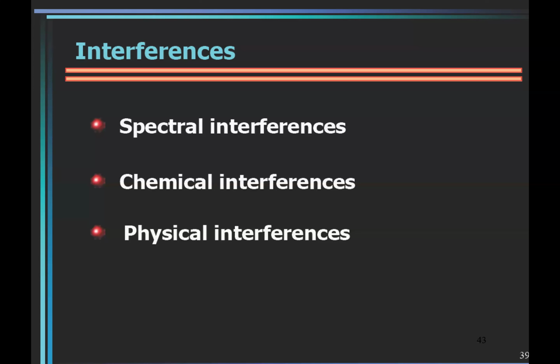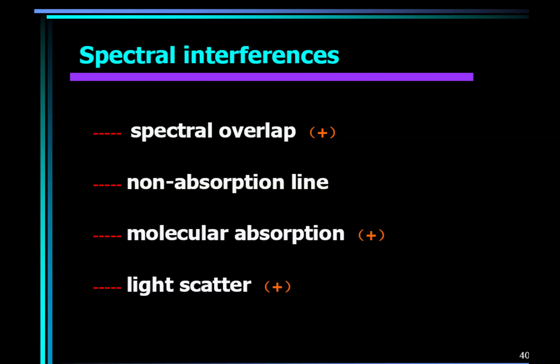The three types of interferences, this we know: spectral interferences, chemical interferences, physical interferences. We stepped through the spectral interferences last time.